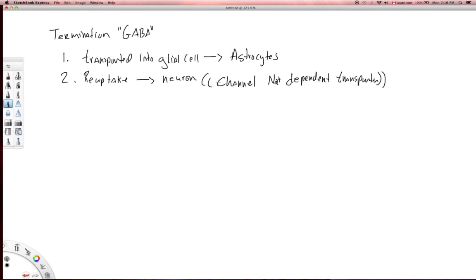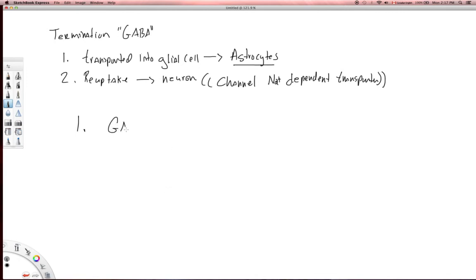If the GABA is taken into the astrocyte, what happens to it? Both are happening at the same time, but what happens to the GABA that goes into the glial cell?